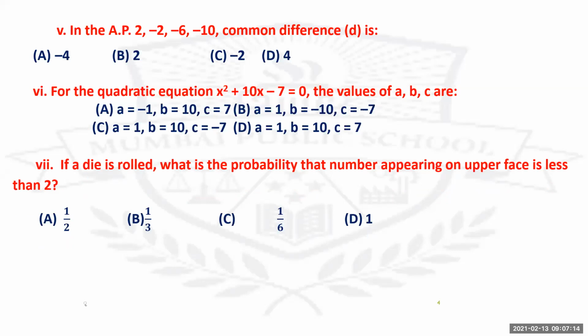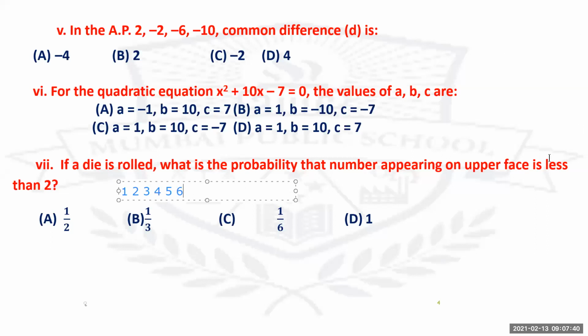When you roll that die, first, what is the sample space? You'll get the numbers 1, 2, 3, 4, 5, 6, not more than that. So n of S, the sample space, is 6.